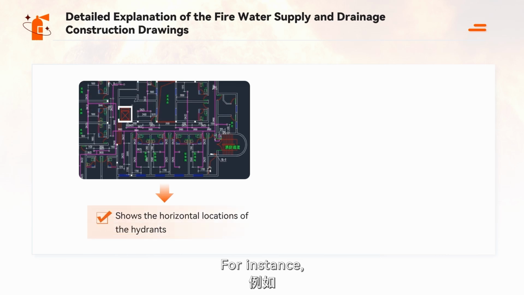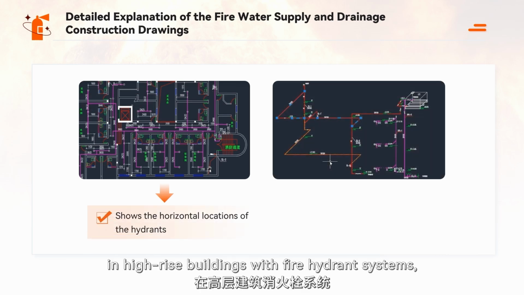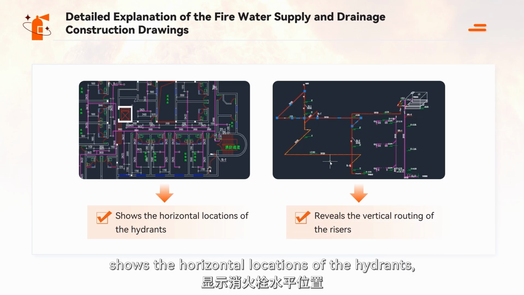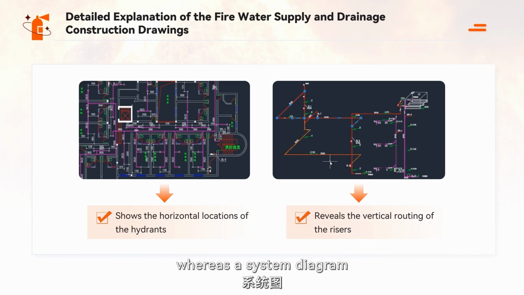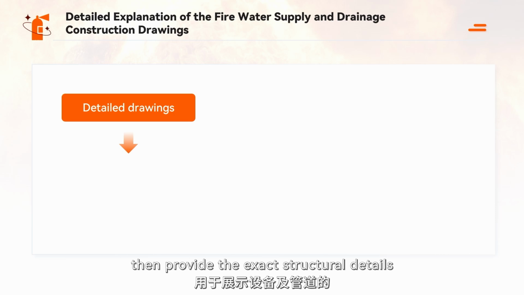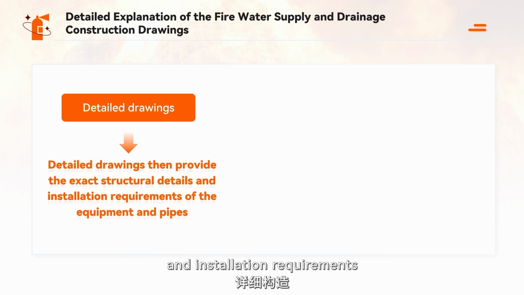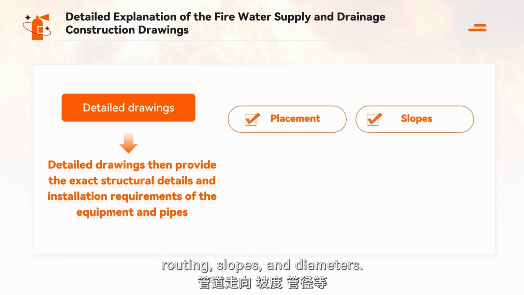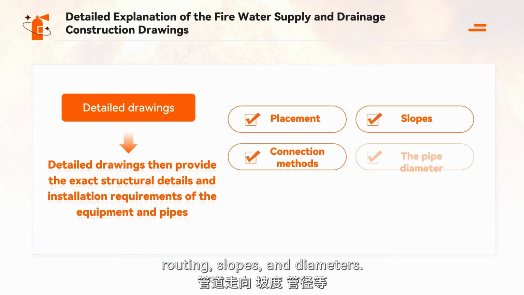For instance, in high-rise buildings with fire hydrant systems, a layout plan shows the horizontal locations of the hydrants, whereas a system diagram reveals the vertical routing of the risers. Detailed drawings then provide the exact structural details and installation requirements of the equipment and pipes, including their placement, connection methods, routing, slopes, and diameters.